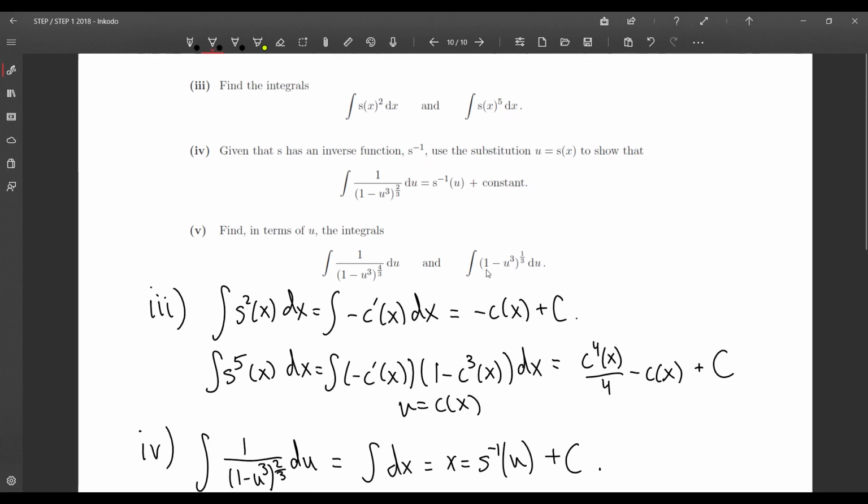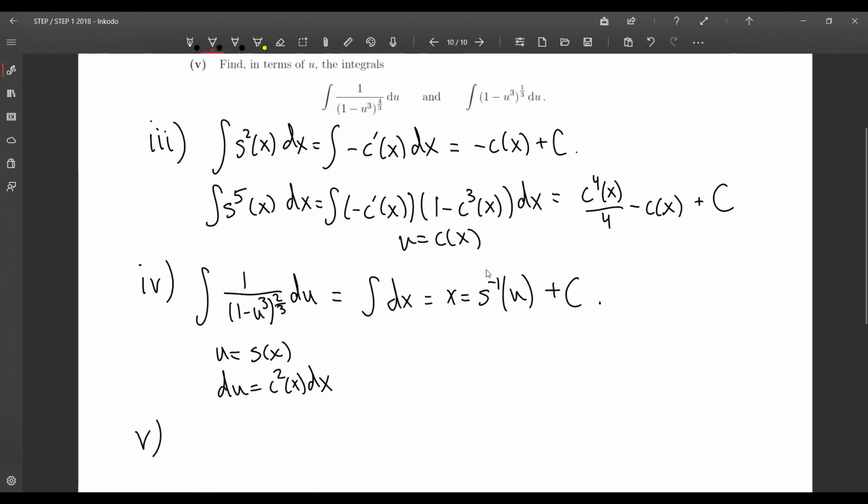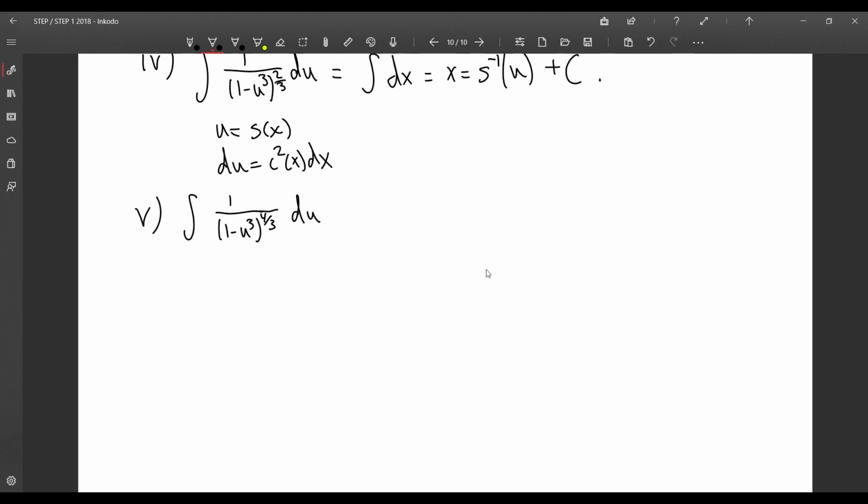All right, and the last part, define in terms of u the integrals here. So let's do this. So 1 minus u cubed to the 4/3. So again, let's consider some sort of substitution like that.